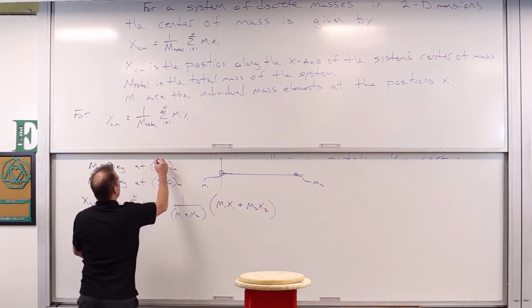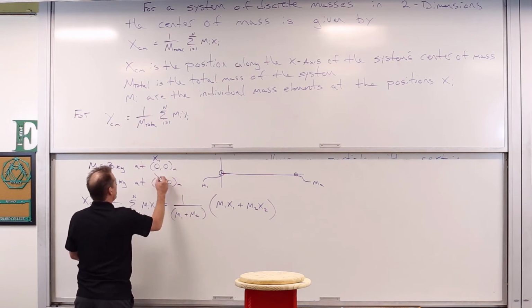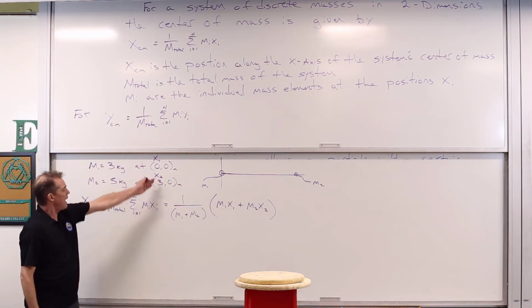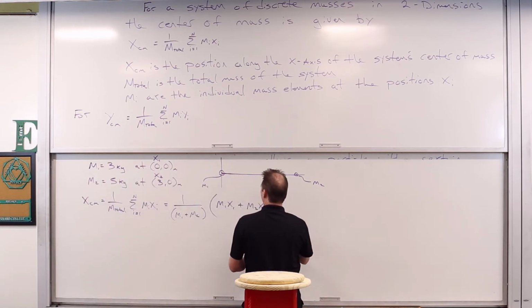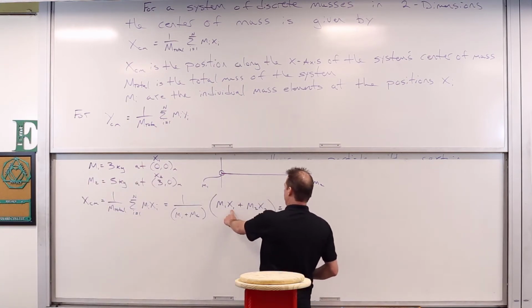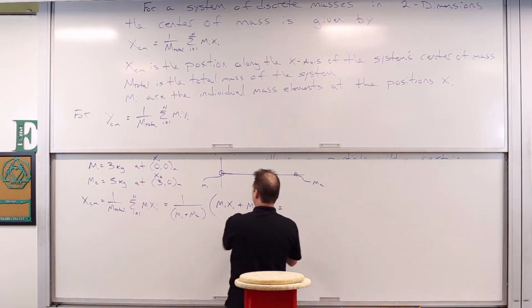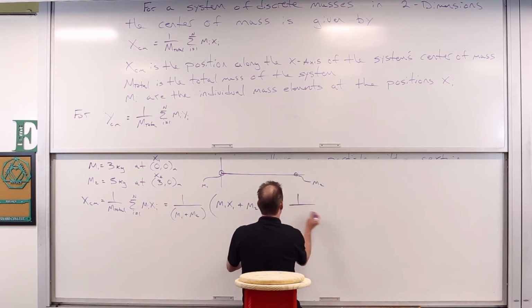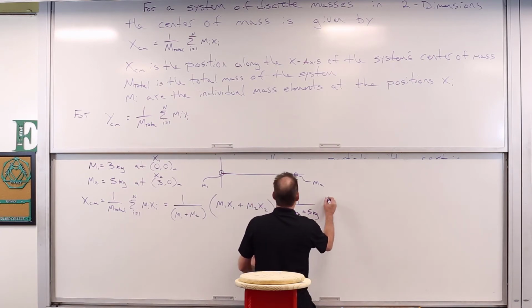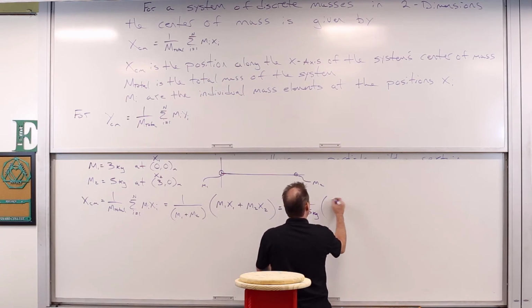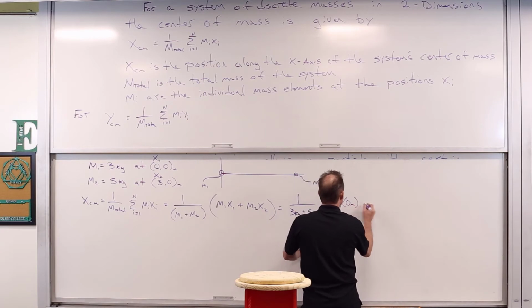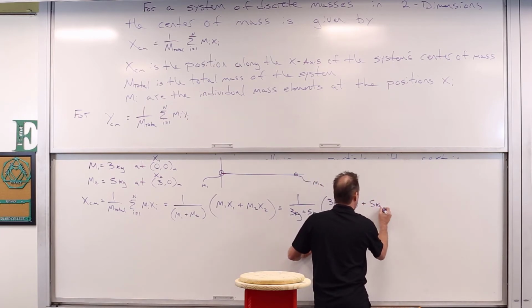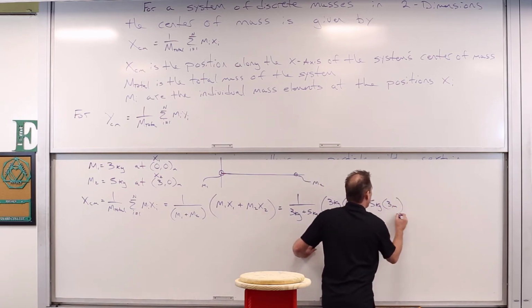So if we come back up here, this is X1, this is X2. Those are the x positions of those individual masses. So if we go ahead and throw this all in here, X1 is equal to 0, X2 is equal to 3 meters. So we've got 1 over 3 kilograms plus 5 kilograms multiplied by 3 kilograms times 0 meters plus 5 kilograms times 3 meters.